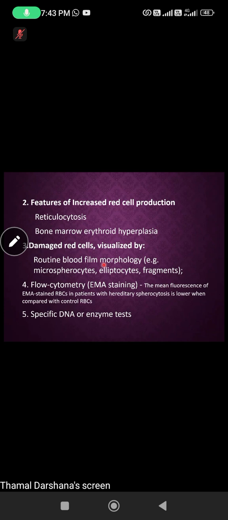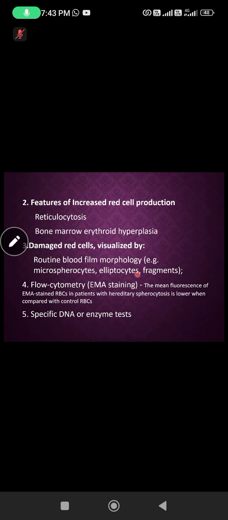So then the biconcave cell could become a microsphere or elliptocyte, and you can see them in the blood picture. Or if the damage occurs directly in the blood vessel because of shear physical obstruction, you can see fragments.